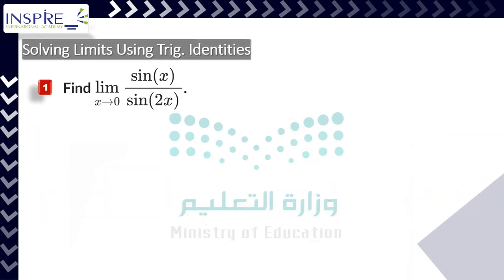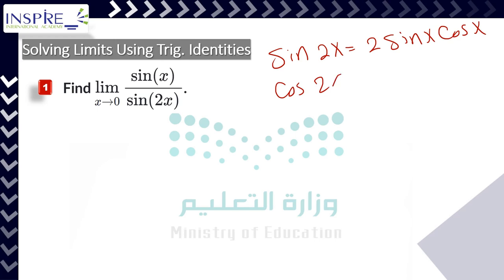next question. We will use trig identities. Let's recap all of the rules of trig identities that we will use in this semester. We will use sine double of the angle, sine 2x, which is equal to 2 sine x cosine x. We will use cosine double of angle. We will have 3 rules for this one.